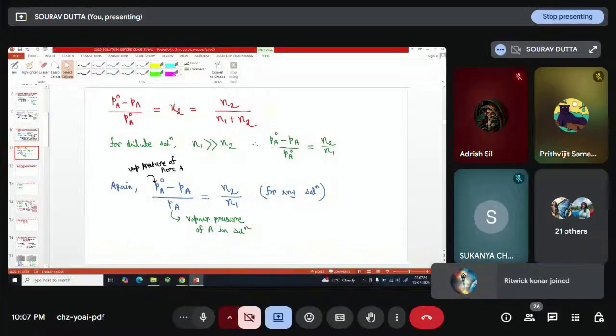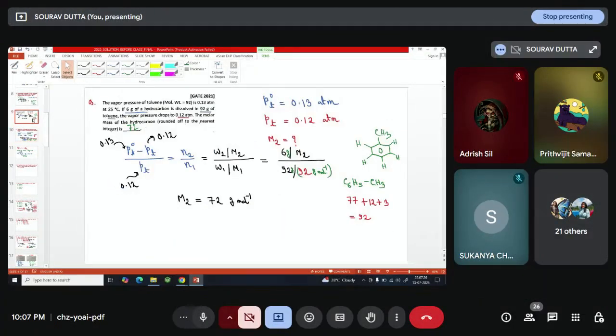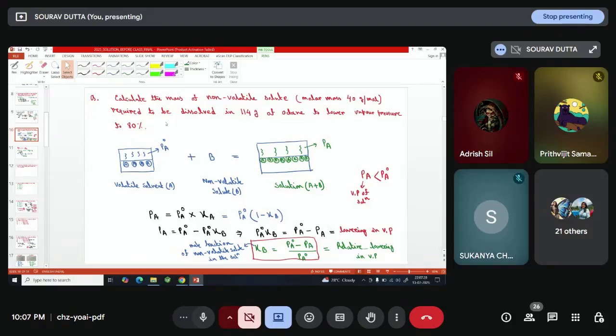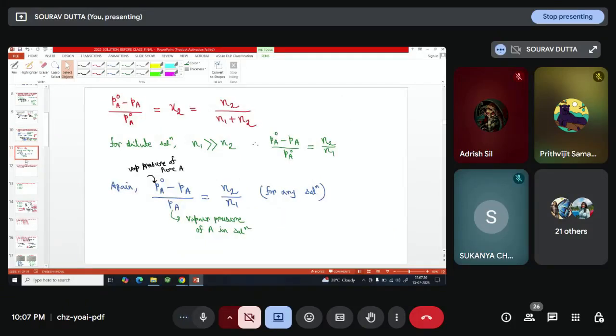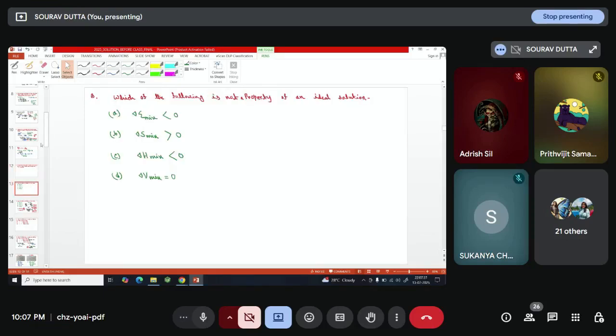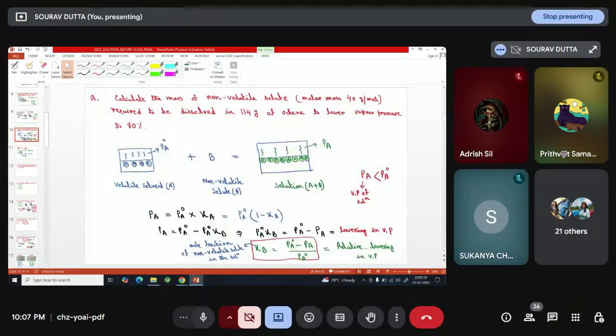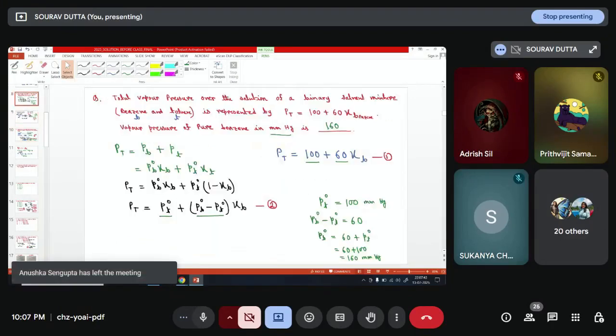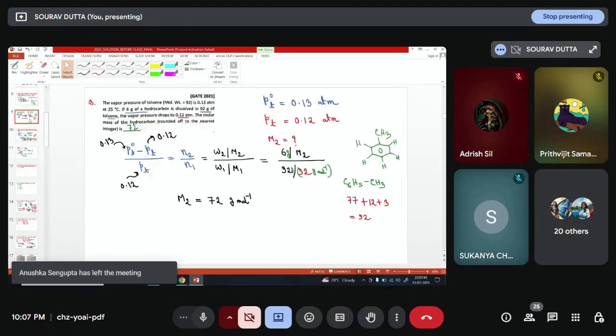চলো, আচ্ছা, নেক্সট কোশ্চেন. ওকে, এইটা কোথায় গেল? আচ্ছা, এখানে কোশ্চেন ছিল. ফাইন.